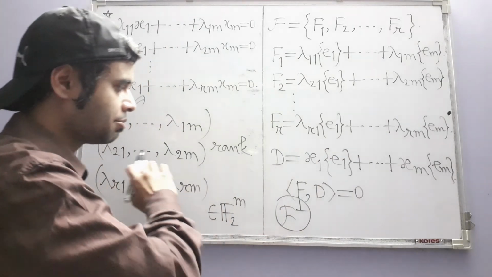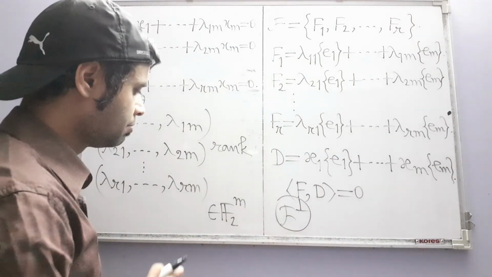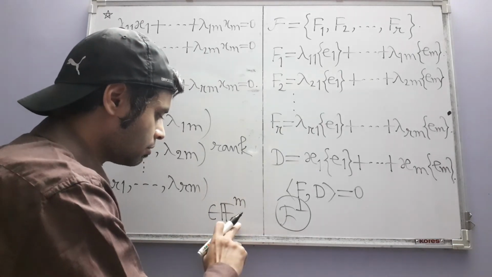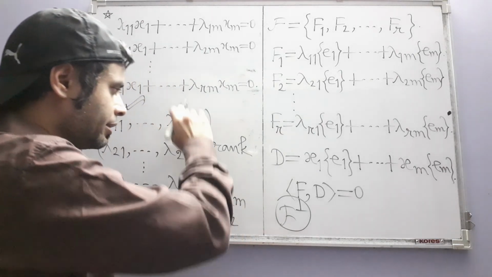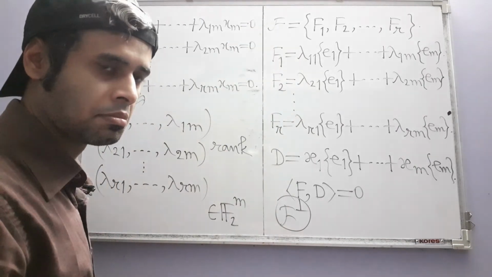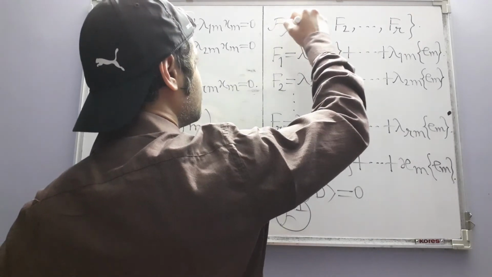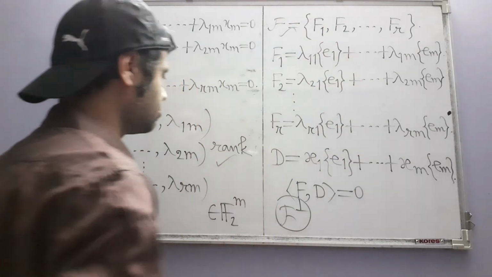There you will set up an isomorphism between that subspace of F2M that these things span and F. So that is why the dimension of F is in fact equal to this rank.